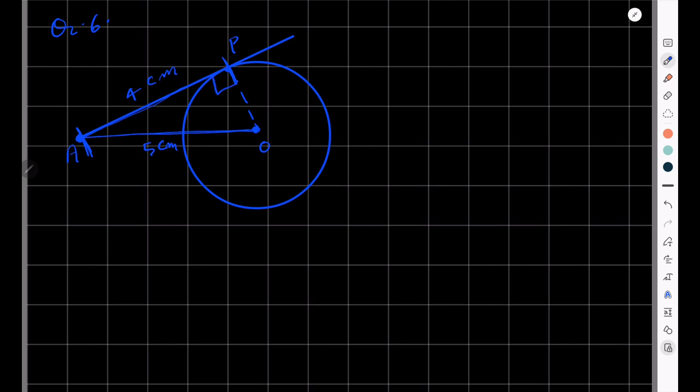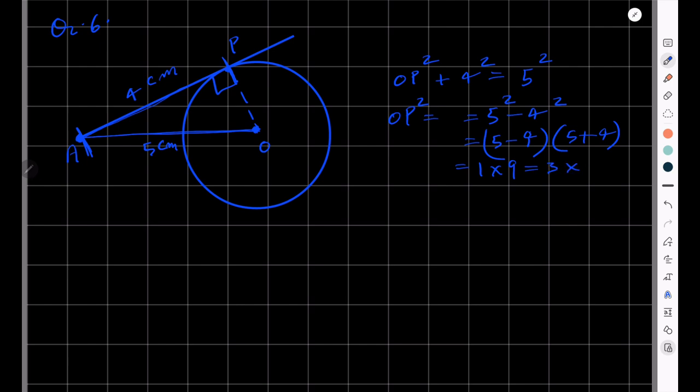You can very well apply Pythagoras theorem. OP squared, which is the radius of the circle, plus 4 squared is equal to the hypotenuse, that is 5 squared. So the radius squared will be equal to 5 squared minus 4 squared, which is 5 minus 4 times 5 plus 4, 1 multiplied by 9, which is 3 into 3. So OP will be equal to 3 centimeter.